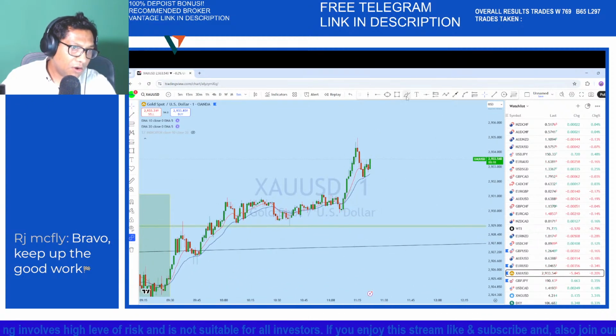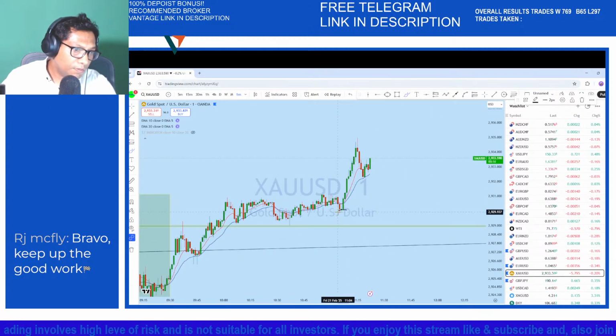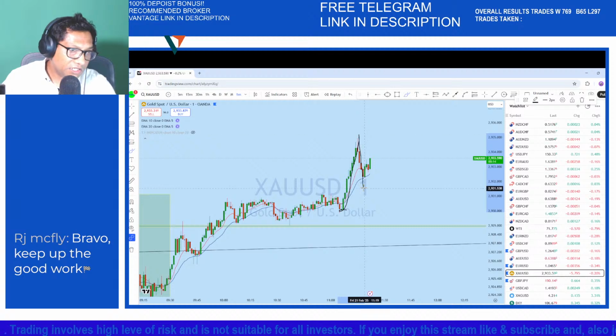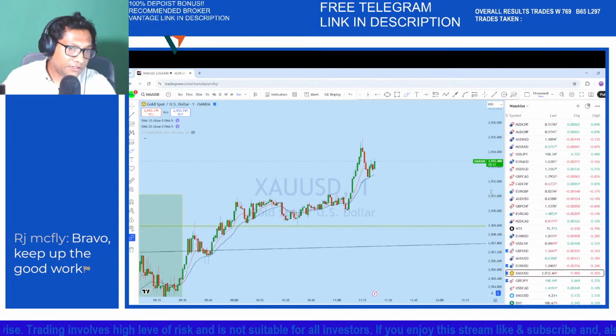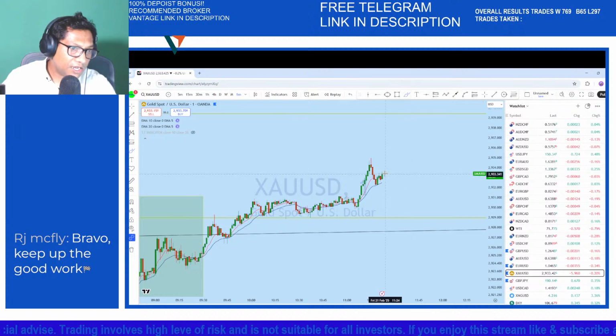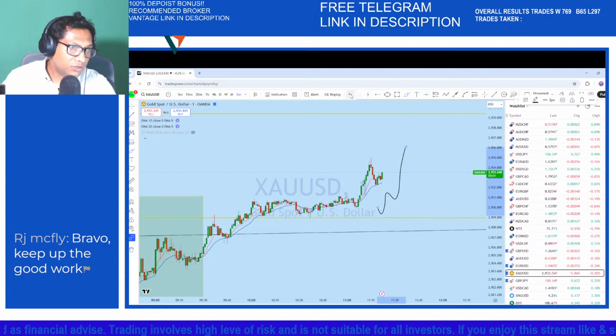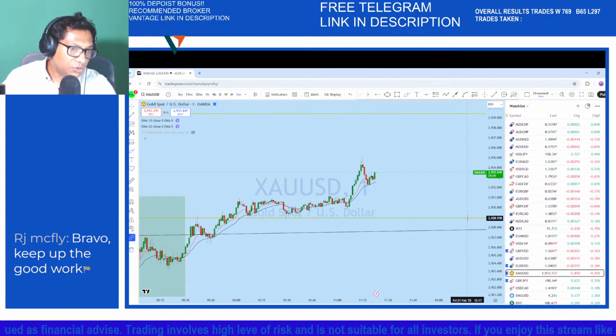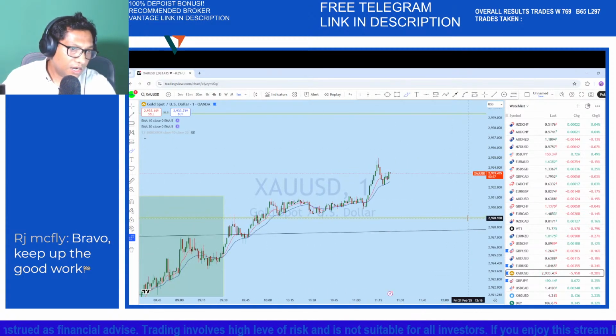Here is the breakout, a pretty strong push here, followed by this pullback, and with that pullback, expecting the market to potentially drop back down here to the support level and then return back up to create a new higher high.